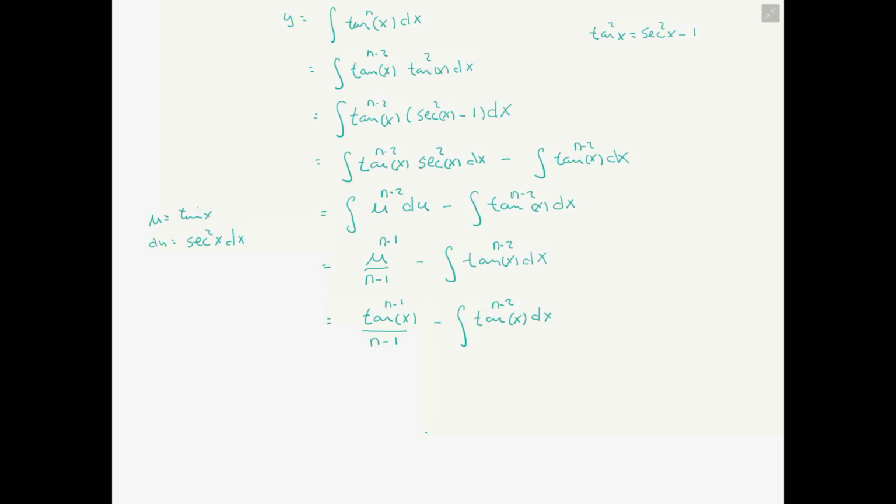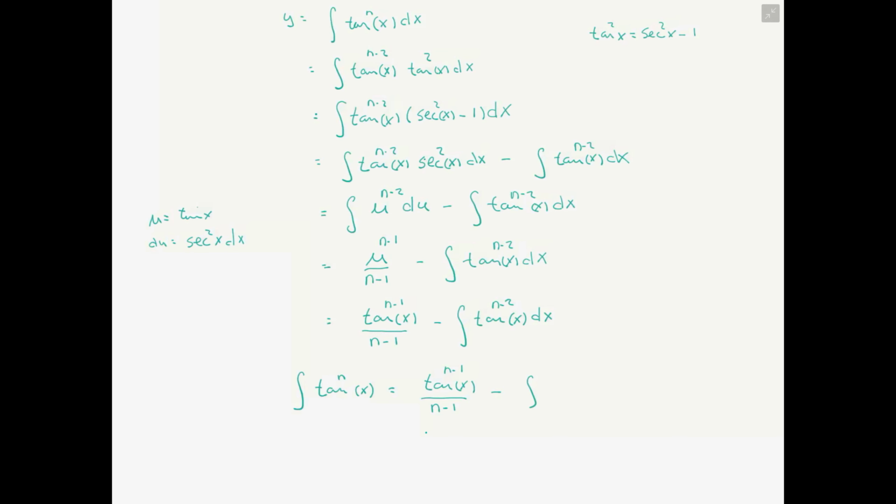And then we substitute back in, and that's tangent n minus 1 of x over n minus 1 minus the integral of tangent n minus 2 x dx.